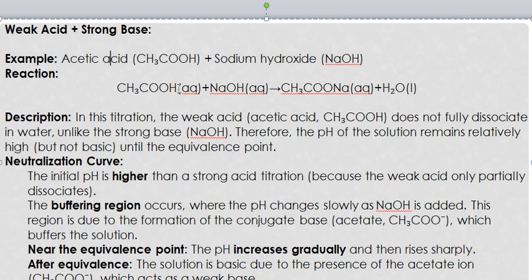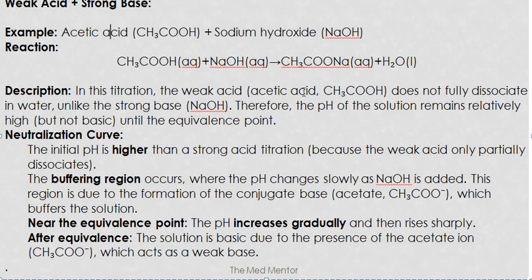Basically the reaction is CH3COOH with NaOH, forming sodium acetate. In this titration, one is a weak acid and the other is a strong base. The weak acid obviously does not fully dissociate in water, right? But your strong base is completely dissociated and completely gives OH minus ions.